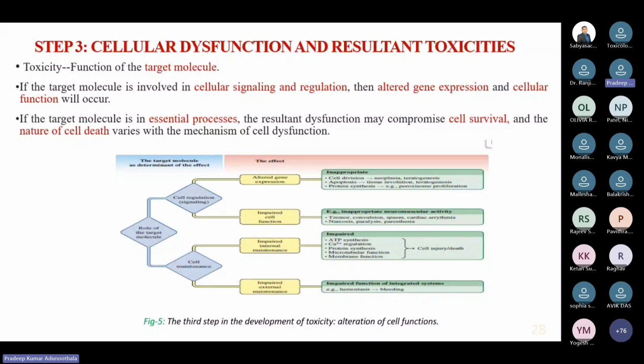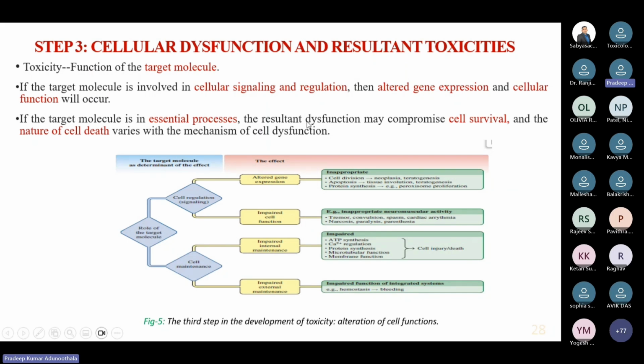For example, if the function of the target molecule is involved in cellular signaling and regulation, then the toxicant alters the gene expression of the target molecule, and also alters the cellular function.